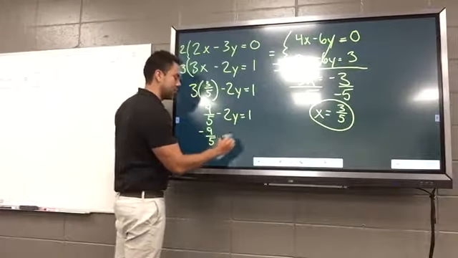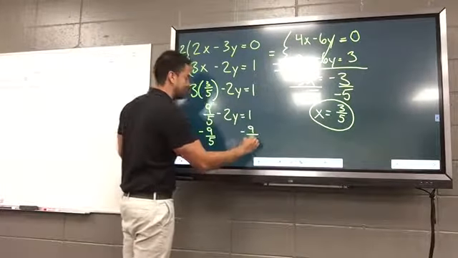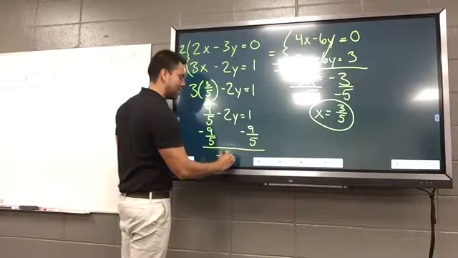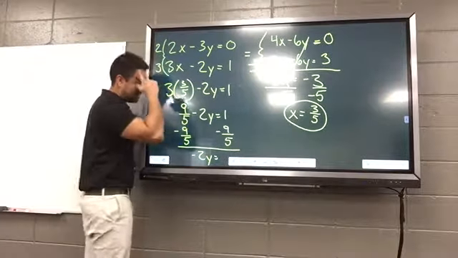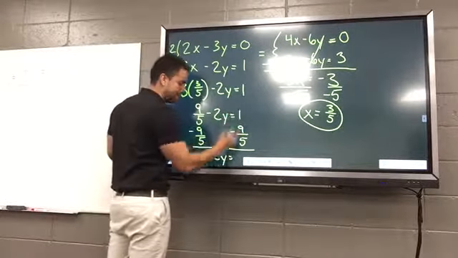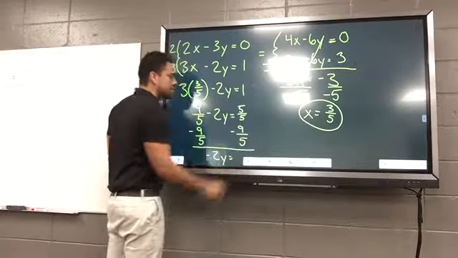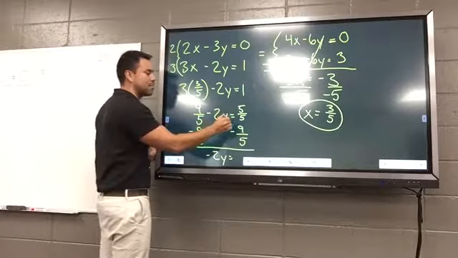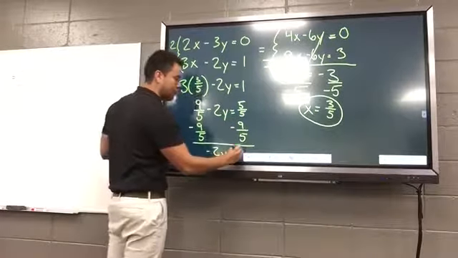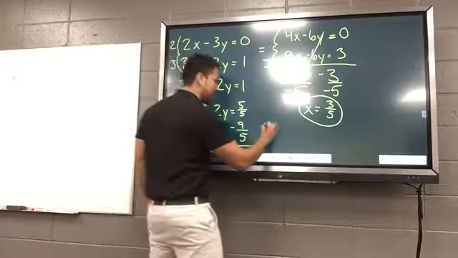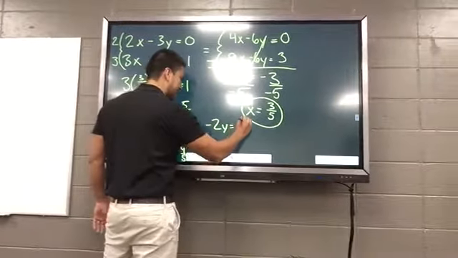Subtract 9/5 from both sides. -2y equals, what's 1? Isn't it 5/5? So what's 5/5 minus 9/5? -4/5. I want to see if you guys can tell me how to solve this the easiest way possible.